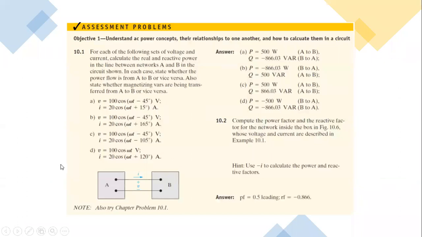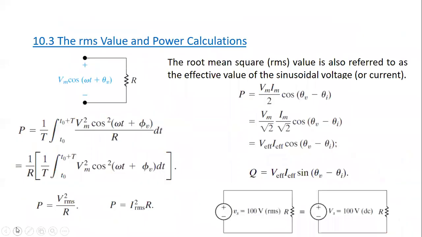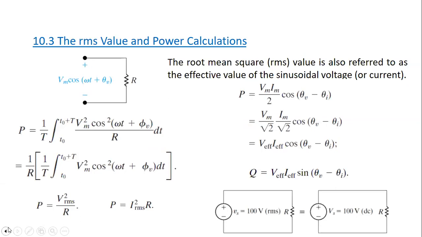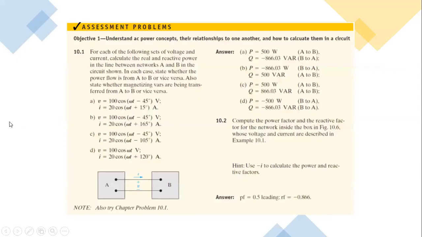So here we have one example. Let's go through this example. Here we have the voltage and the current, and we need to calculate the average power and the reactive power.